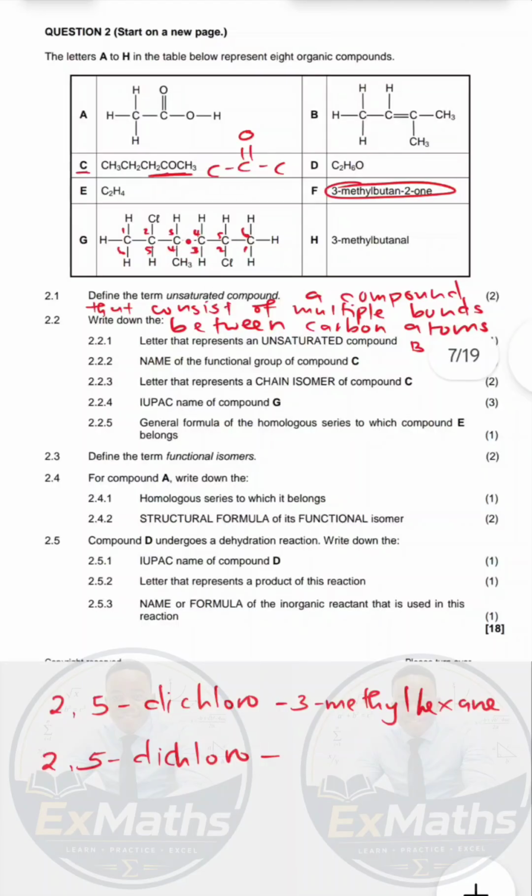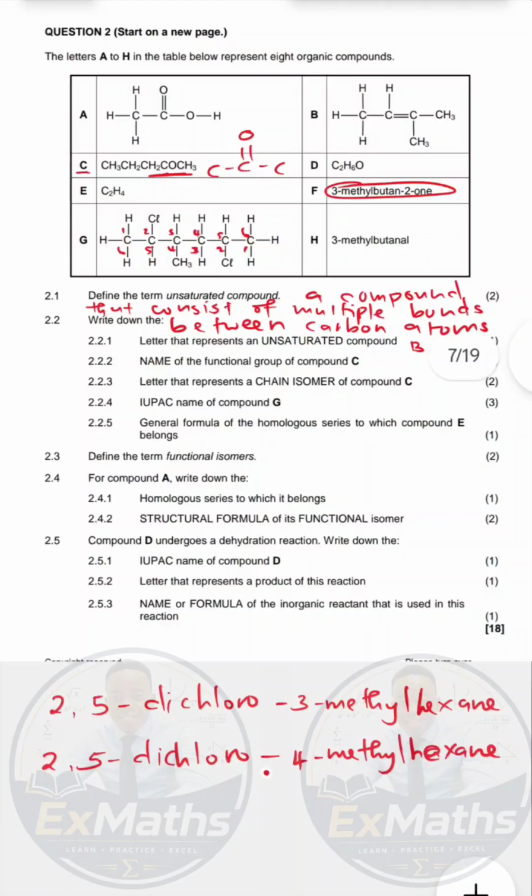What about our methyl? Our methyl is now on carbon number 4. So that's going to be 4-methylhexane. These are the two possibilities that we have. But the best one is the one that has the lowest values.